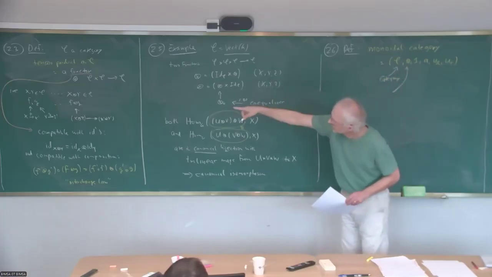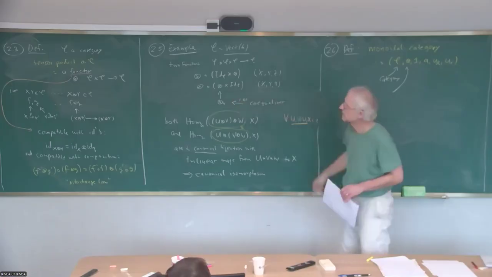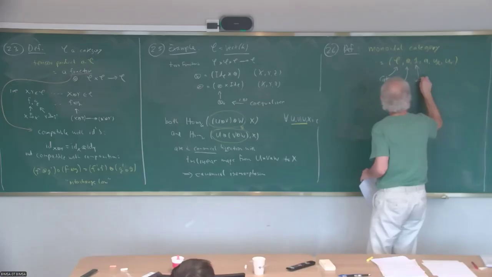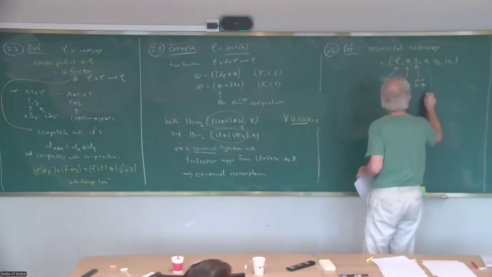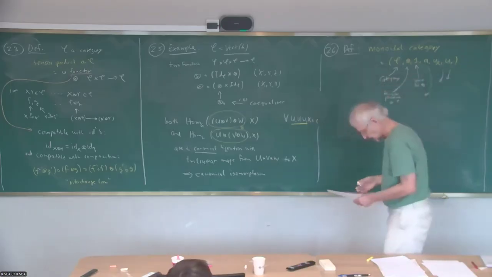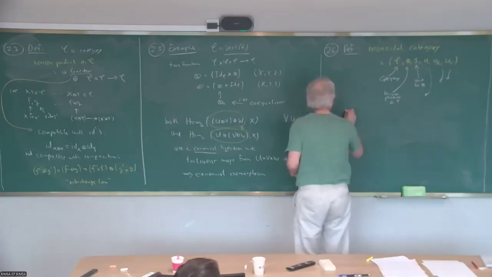The tensor here is as defined here, a tensor product on C. One is a unit for the tensor product, and A and UL, UR are natural isomorphisms.